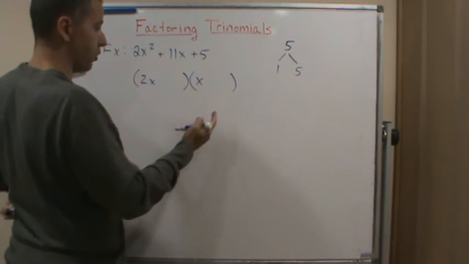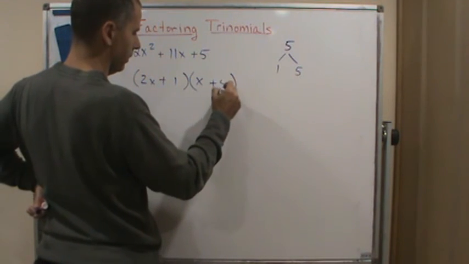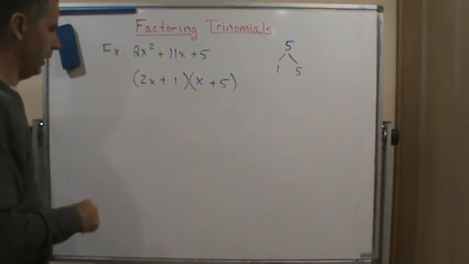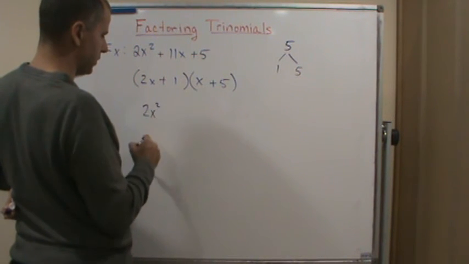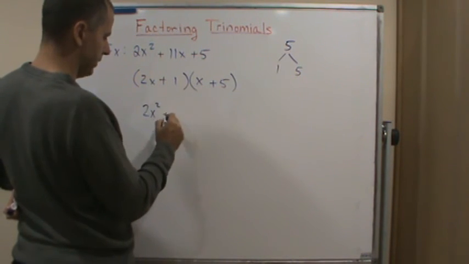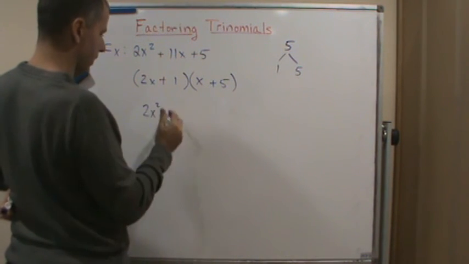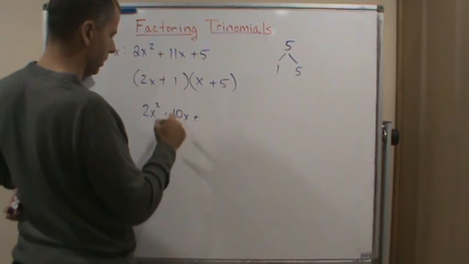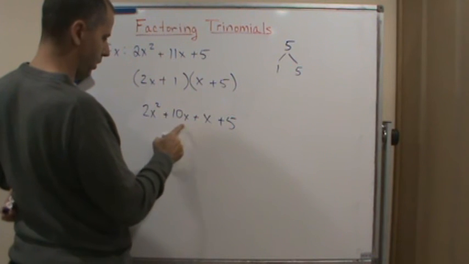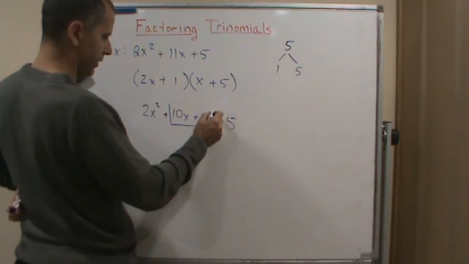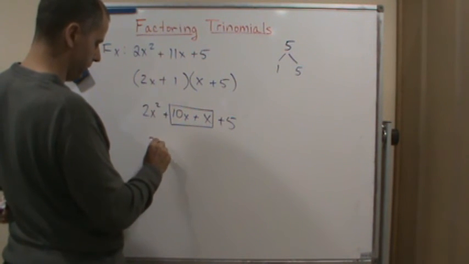So let's try. 1 and 5, let's put 1 here and 5 here, and let's FOIL. So obviously we get 2x squared, and then we're going to get 10x plus x plus 5, and notice these two terms add up to 11.